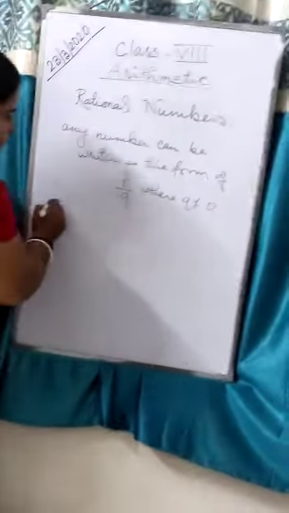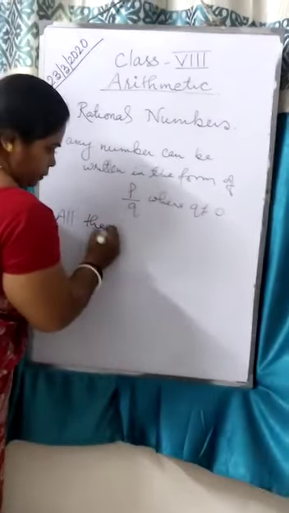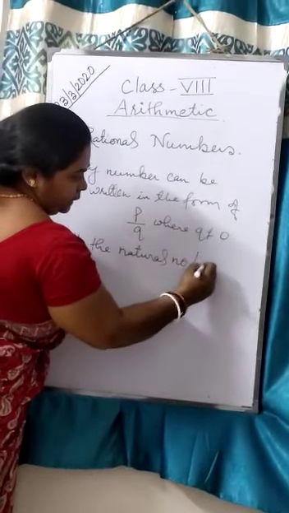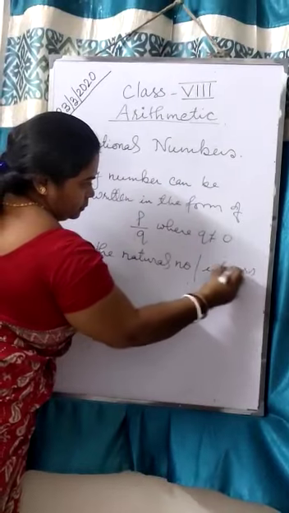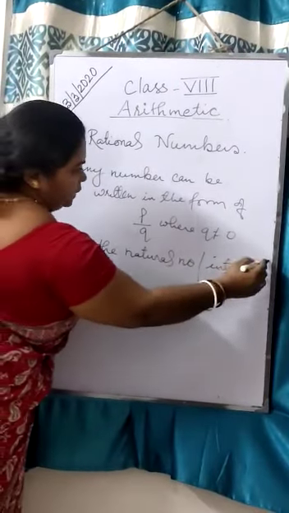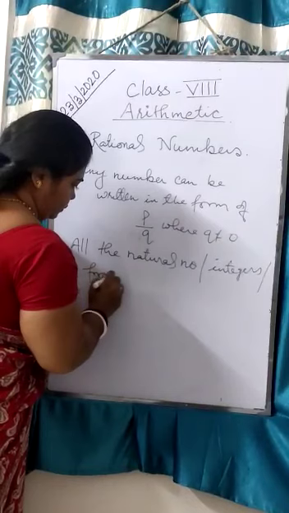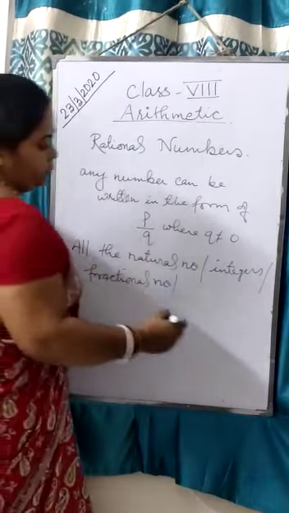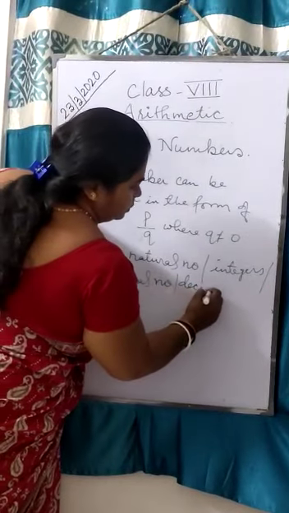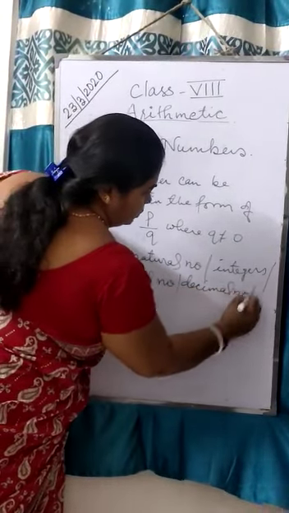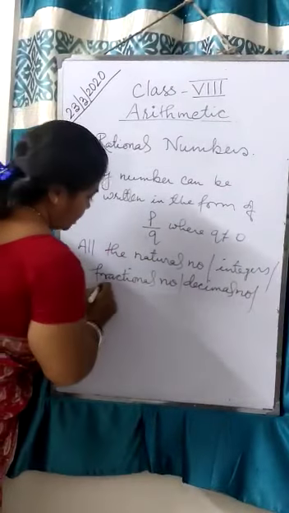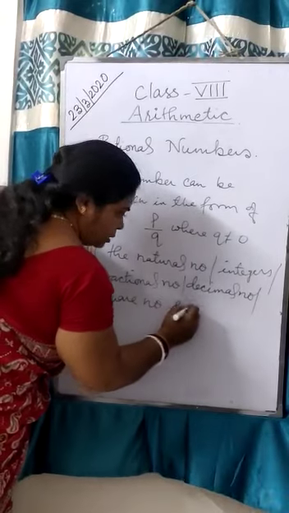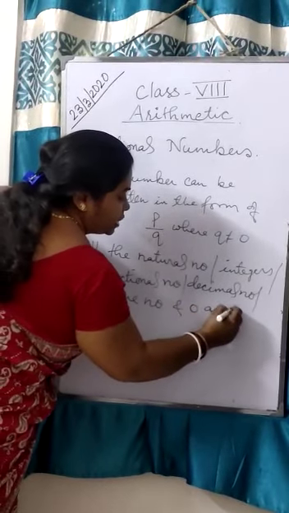All the natural numbers, integers, fractional numbers, decimal numbers, square numbers, and 0 are rational numbers.